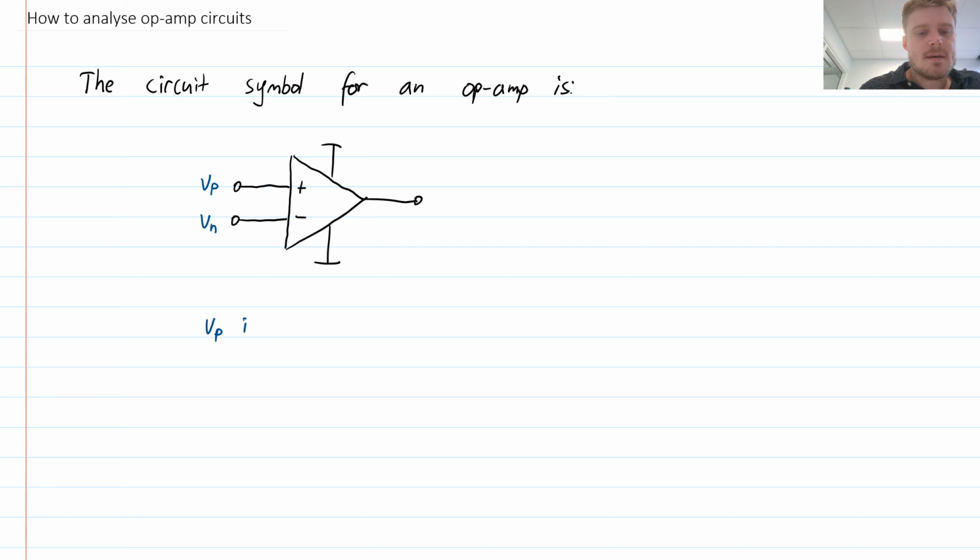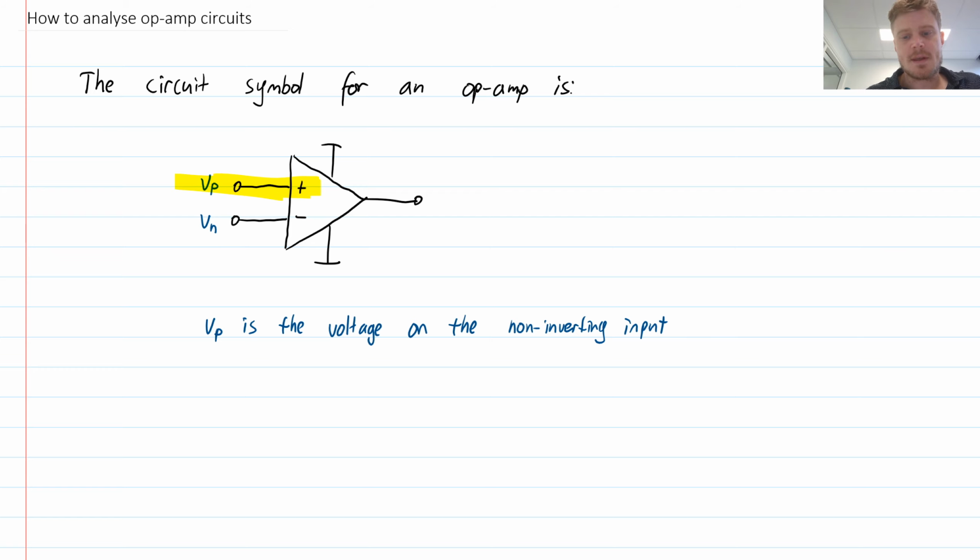VP is the voltage on what we call the non-inverting input, and we call it non-inverting because it's the one that is labeled with the plus sign in the op-amp symbol.